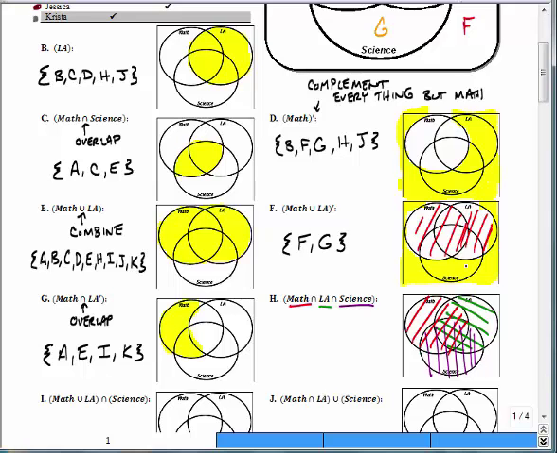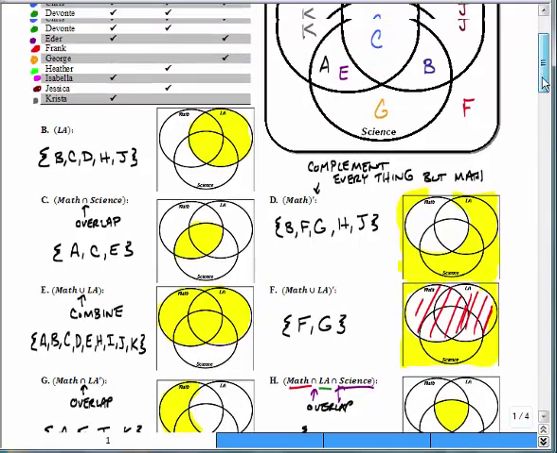It's that little region right there in the center. So intersect all of them would be this region right in here, because that's where they all overlap. I believe only one person fit in the overlap of all those, and I think it was C.